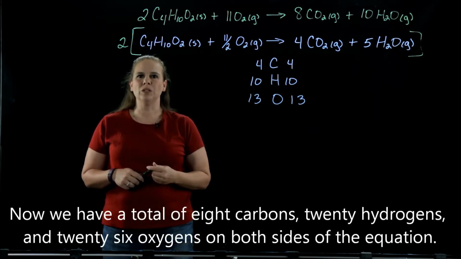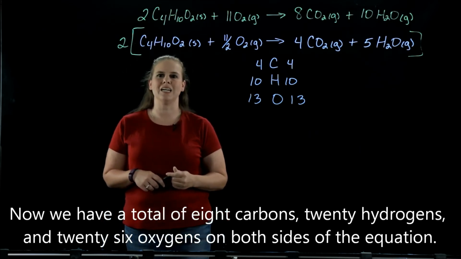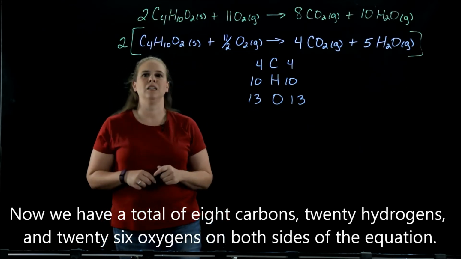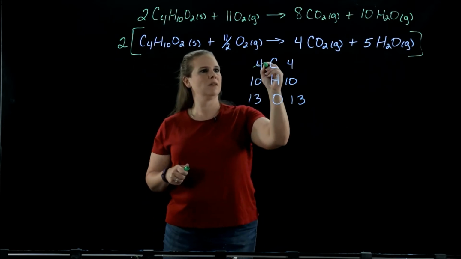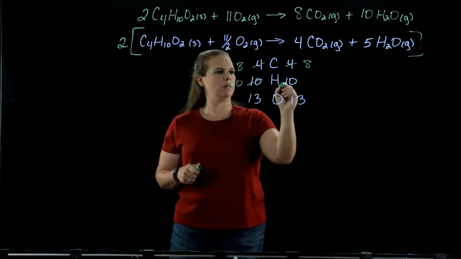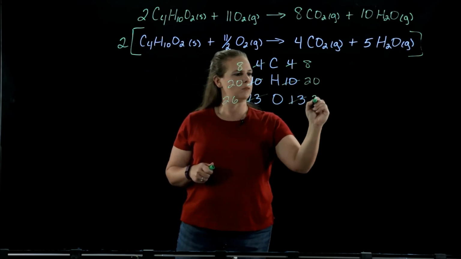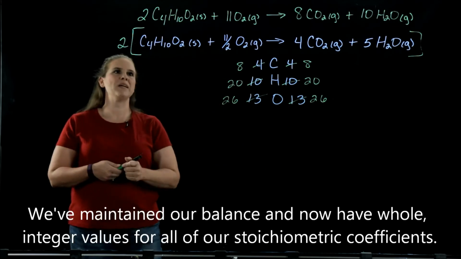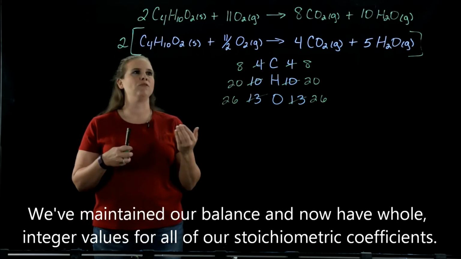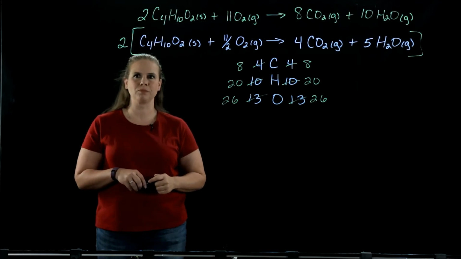Now we have a total of 8 carbons, 20 hydrogens, and 26 oxygens on both sides of the equation. We've maintained our balance and now have whole integer values for all of our stoichiometric coefficients.